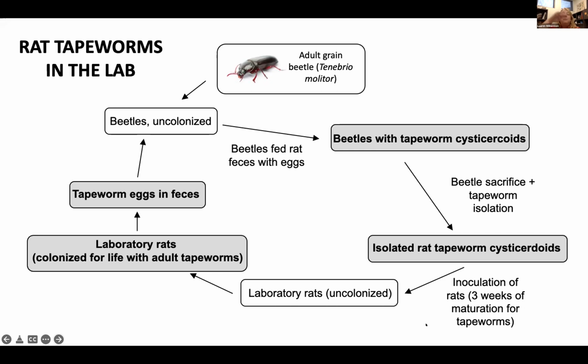The feces must be consumed by a beetle, and then the eggs develop into larvae inside the beetle, and then the beetle's dissected and the worms are given back to the rat. In the wild, this happens because rats and beetles live in and around trash and consume a lot of the same things, including each other.